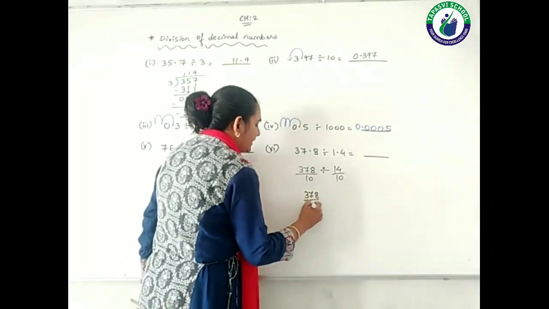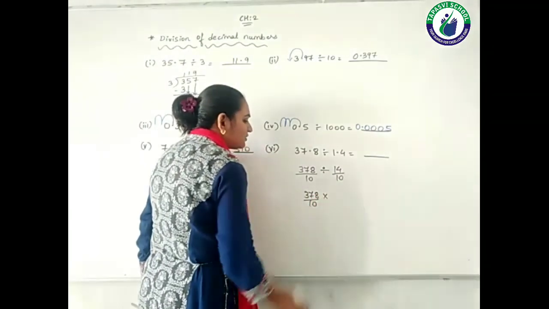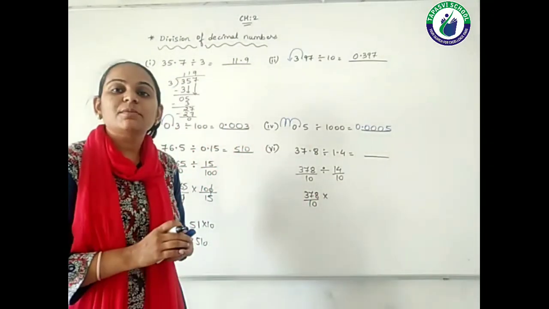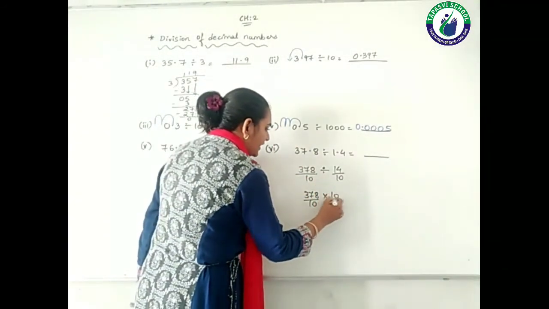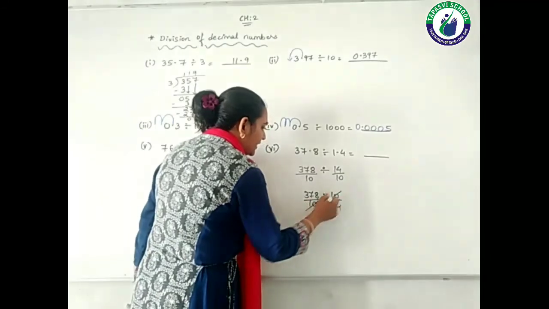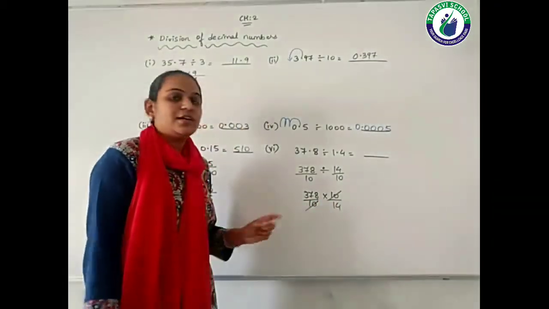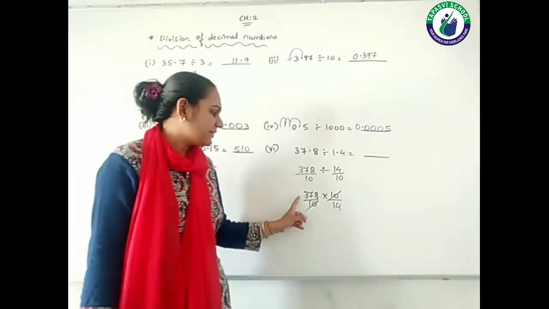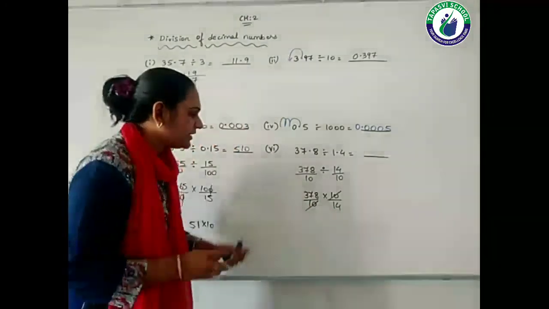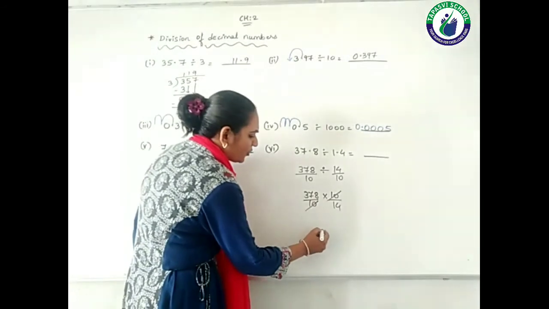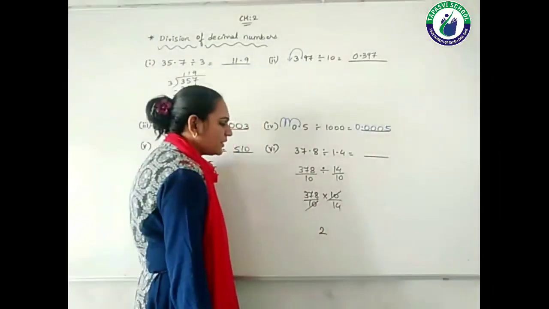So 378 divided by 10. डिविजन साइन को मल्टीप्लिकेशन साइन में कन्वर्ट करेंगे और बाजू वाले को रेसिप्रोकल. So 10 upon 14. So 10 10 cancel. Okay students, now let's do the division of 378 by 14. ठीक है. So 378 को अगर 14 से डिवाइड करते हैं so 14 2s are 28.